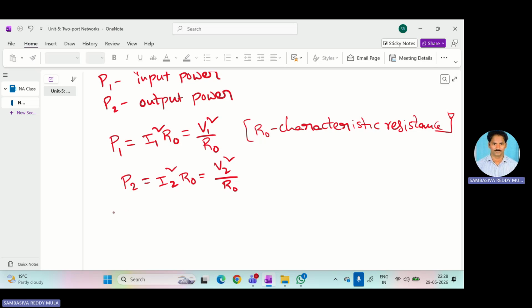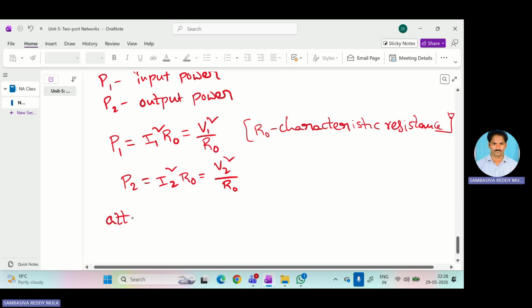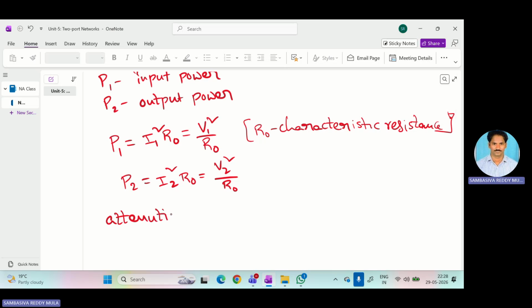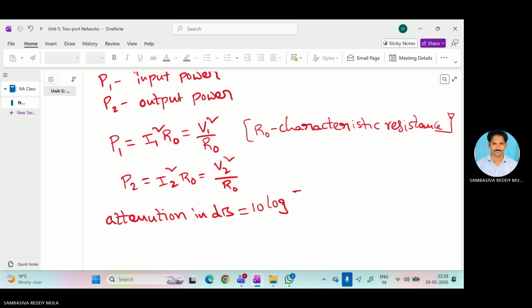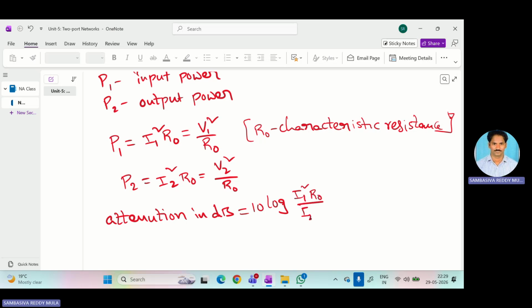Then what will be the attenuation in dB? The attenuation in dB can also be expressed in terms of voltage ratio or current ratio. So simply we will express the powers in terms of voltage or current ratio: I1 square R naught by I2 square R naught.